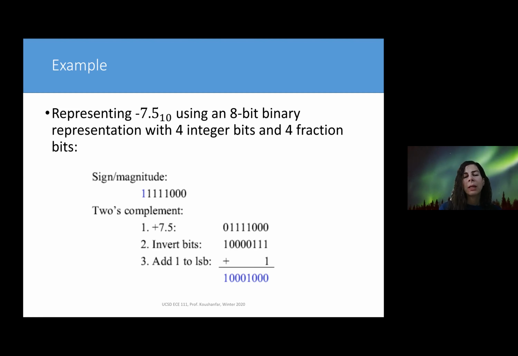The 2's complement is basically taking this number, inverting the bits, and adding a 1. So we take the 7.5, which we computed 2 slides ago, invert everything, and add a 1, then we get the number here. So this becomes really straightforward.